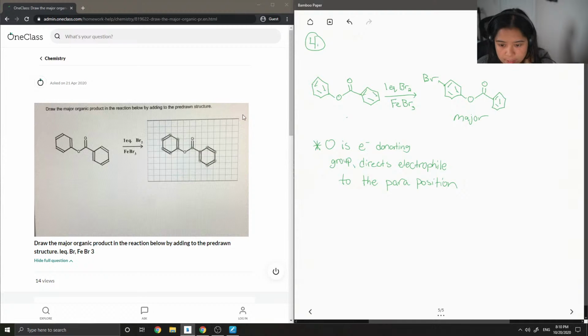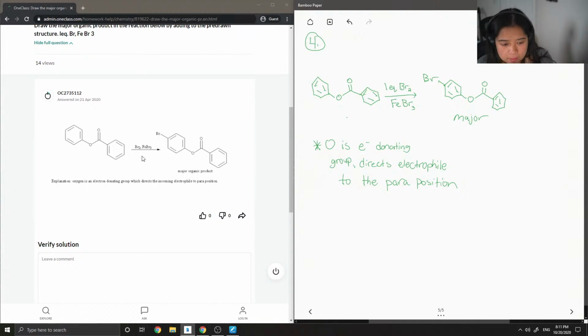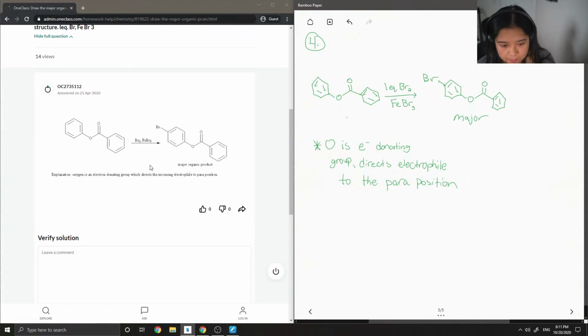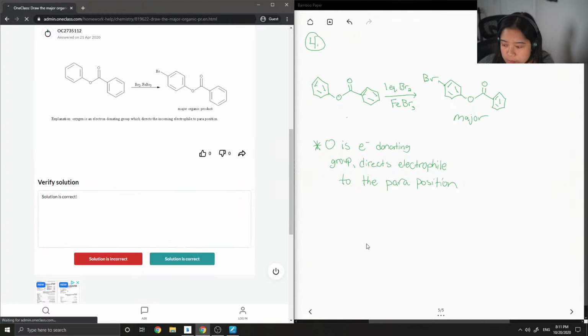Okay, so let's look at the answer from our junior tutor. Explanation: oxygen is an electron donating group which directs the incoming electrophile to the para position. Okay, so the solution is correct. So we can move on to question number 5.